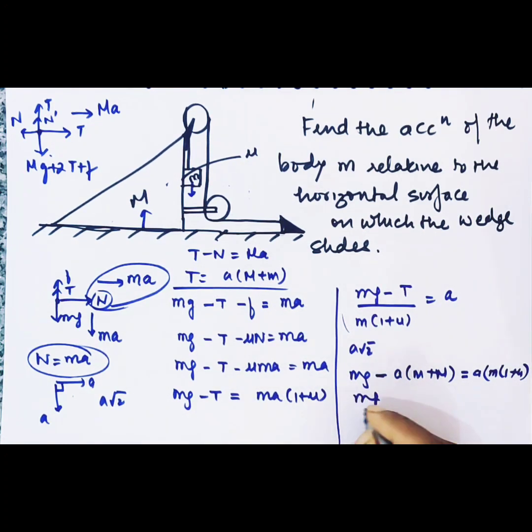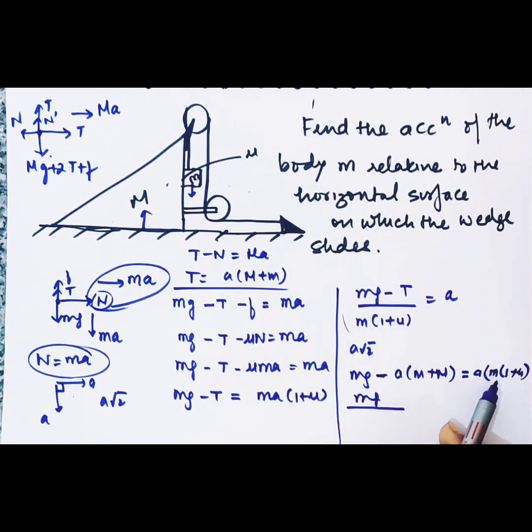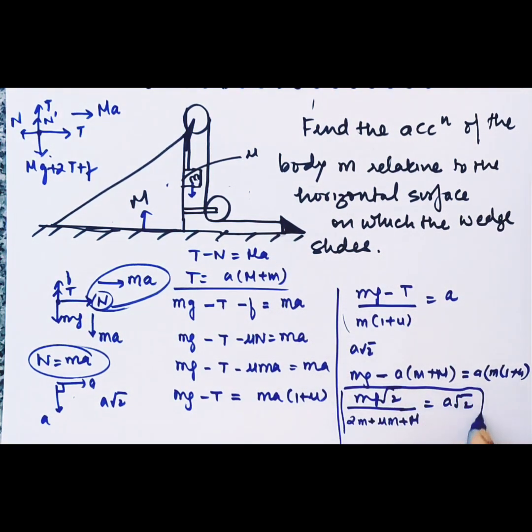So we have a equals mg upon (M plus m, that is 2m, plus mu m and M). Since we need a root 2, you can also solve it. Maybe you are not able to solve it in one line, you can take 2 to 3 lines to solve it. And we actually want a root 2, so we put root 2 here, and that is the final answer to our question.